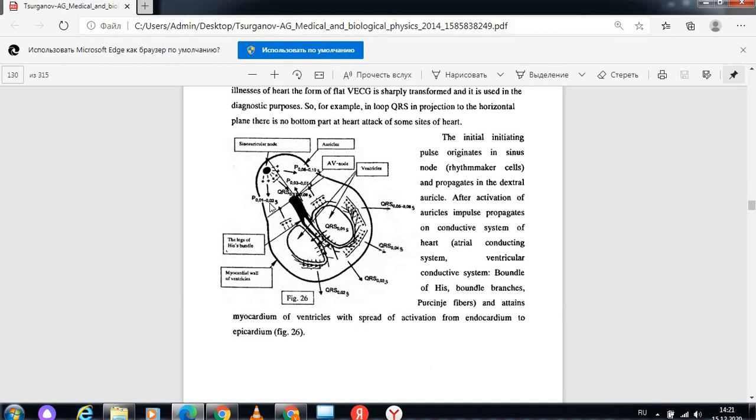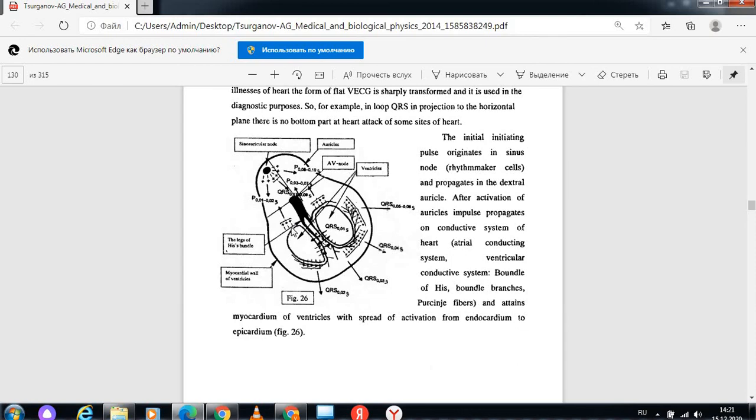After activation of the auricle, the impulse propagates along the conductive system of the heart, to the atrial conducting system, to the ventricular conducting system, the bundle of His, bundle branches, Purkinje fibers.